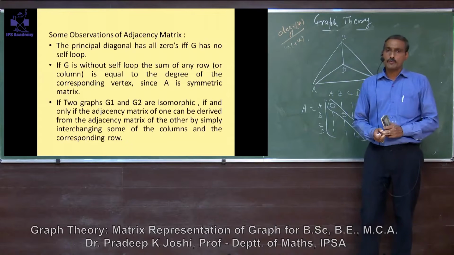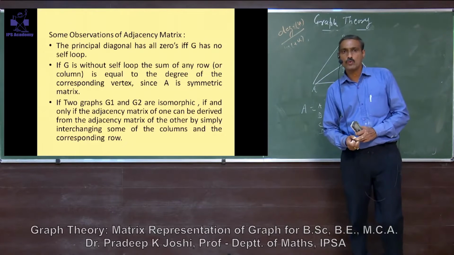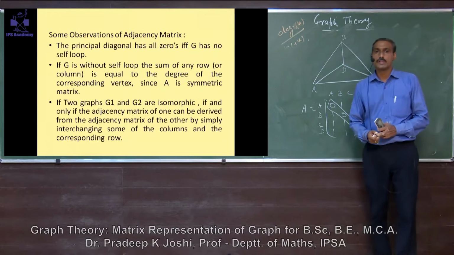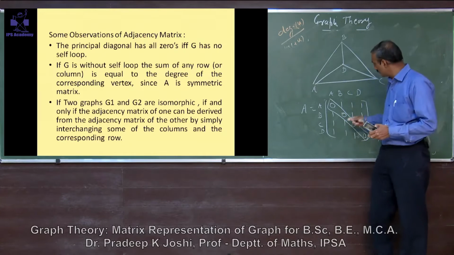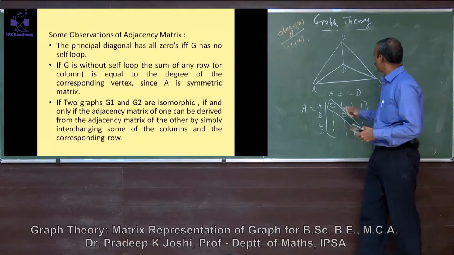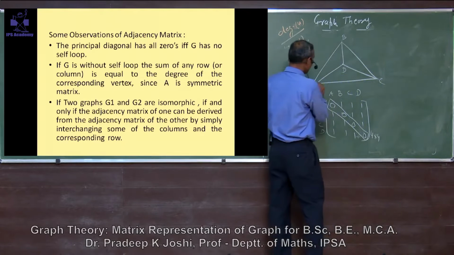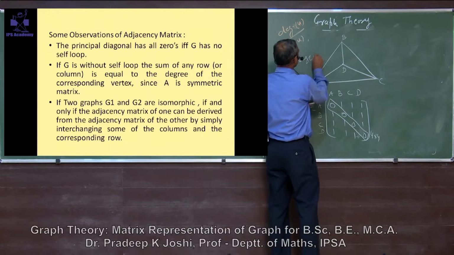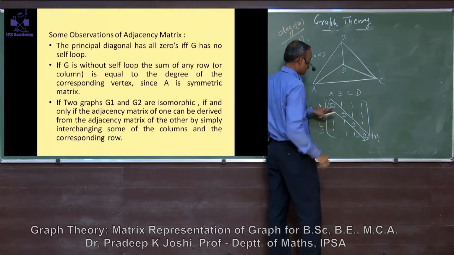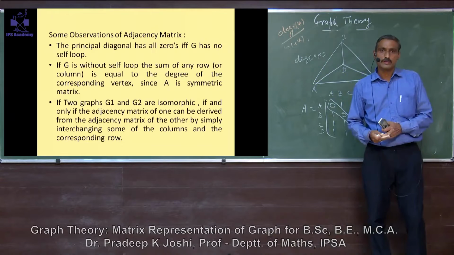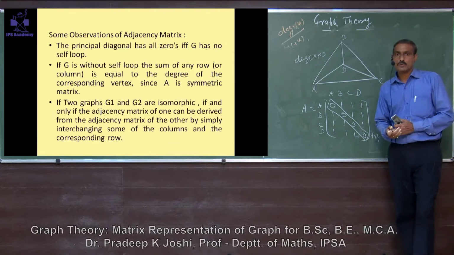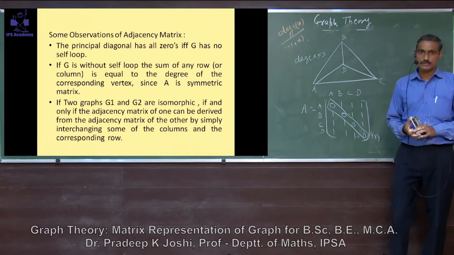If G is without self loops, the sum of any row or any column is equal to the degree of the corresponding vertex, since A is a symmetric matrix. So what is the degree of A? The degree of A is 3, and the sum of its row is also 3. So the row sum is equal to the degree of the corresponding vertex.